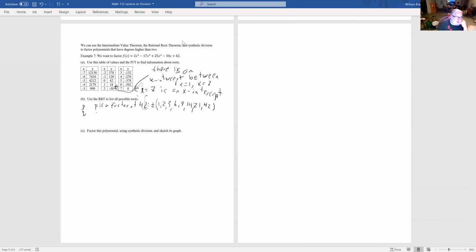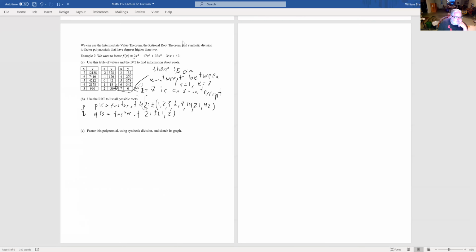The denominator, q, has to be a factor of the leading coefficient, the highest power coefficient, so a factor of 2. So the denominator has to be plus or minus 1, 2.